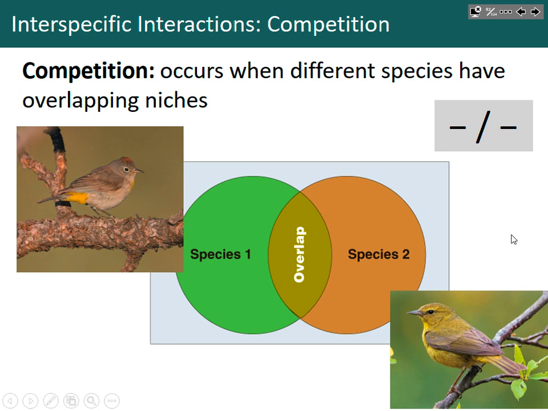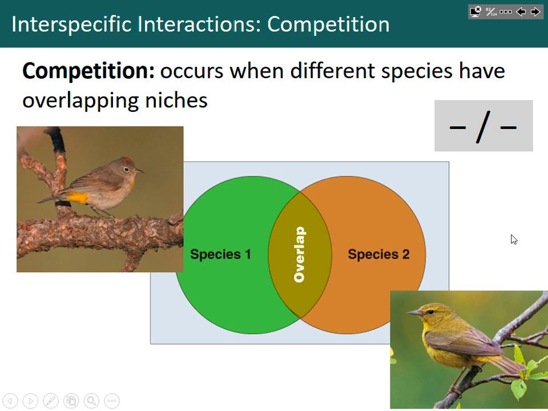The amount of overlap in their niches is going to tell you how intense that competition is. If those were to scoot together, so that they overlapped maybe this far into each individual's niche, then competition would be more intense, right? They would be battling more fiercely in order to get the things that they need to survive.